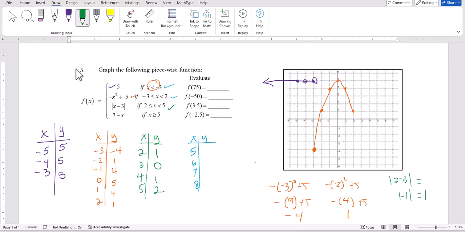So I'm going to put those values in. So 2 over 2 and up 1, oh, that matches right on, so I don't have to do the open dot, closed dot. It's just continuous right there. Then 3, 0, 4, 1, 5, 2, and this is going to make a nice, pretty straight line, as straight as I can make it, because it is an absolute value.